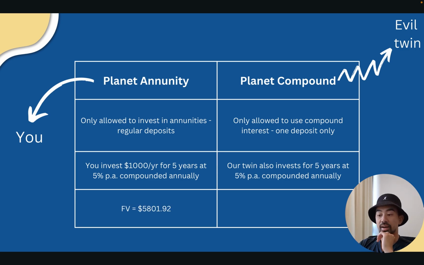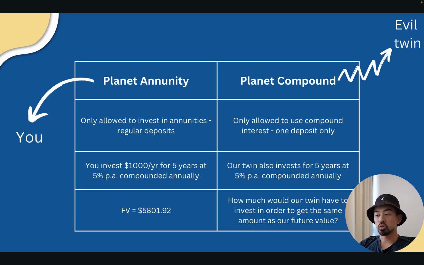Now, we learnt that our future value on planet Annuity sums up to $5,801.92. So that's the future value of your investment. Now, what about your twin? So your twin, we need to work out how much he would have to invest in order to get the same future value as us, which is, as you can see on the left-hand side there, 5,801.92.